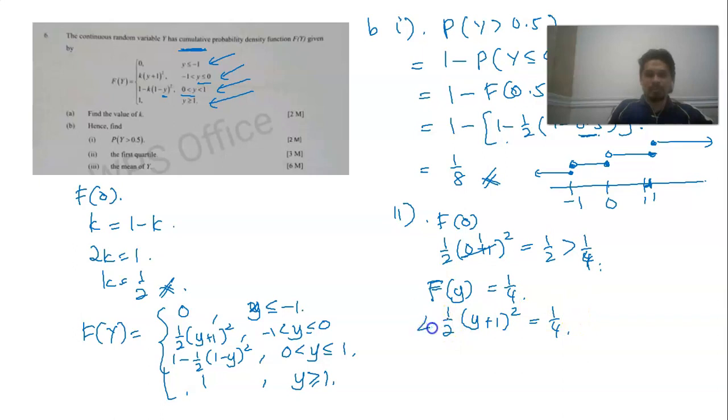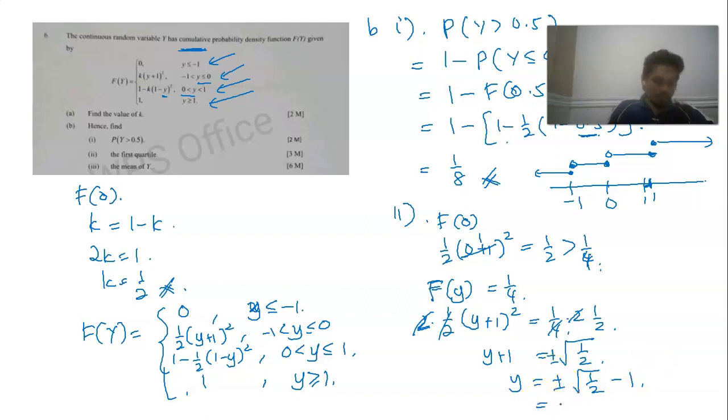Multiply both sides by 2, so it becomes 1 over 2. So (y plus 1) squared equals half. So y plus 1 equals plus or minus the square root of half, and y equals plus or minus the square root of 1 over 2, minus 1.